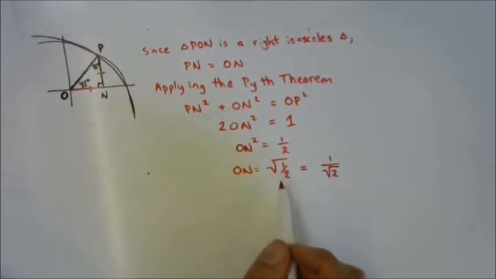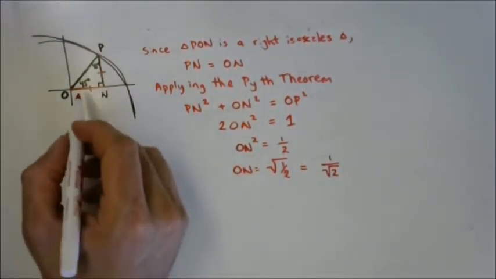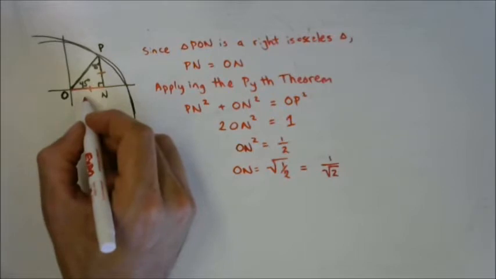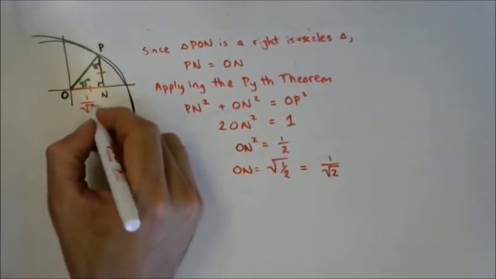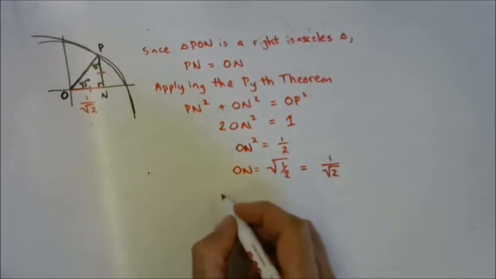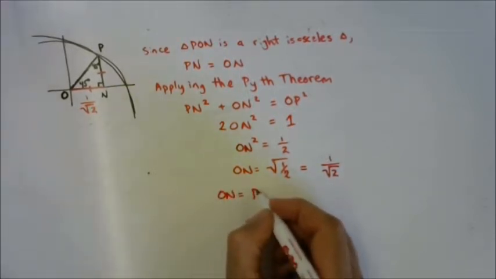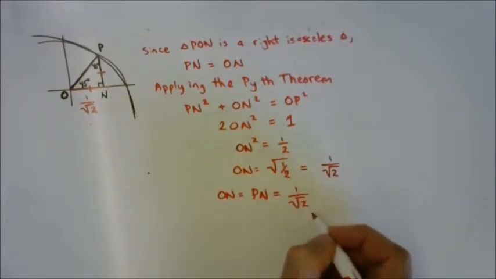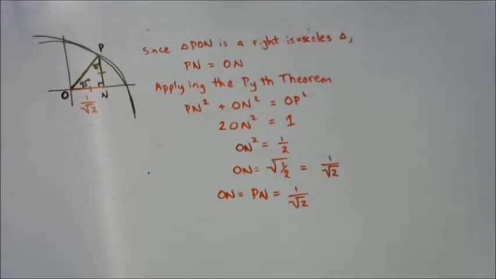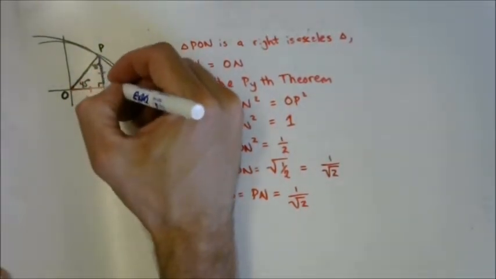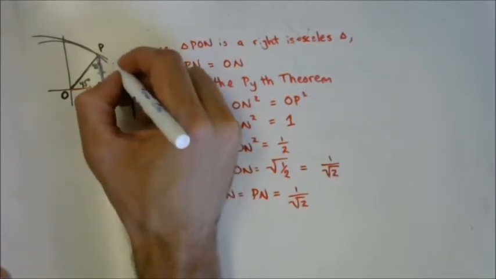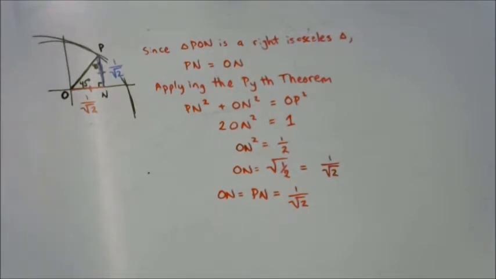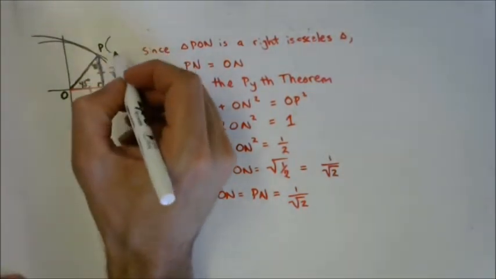So NP equals ON equals 1 over the square root of 2. So this length right here, from the origin to N along the x-axis, is 1 over the root of 2. And since ON equals PN, they both equal 1 over radical 2, then this vertical height, the distance along the y-axis here, is also 1 over radical 2, which tells us the coordinates of this point.